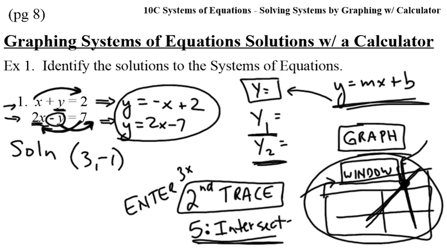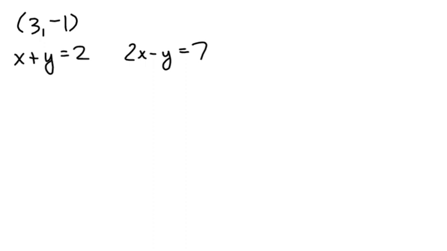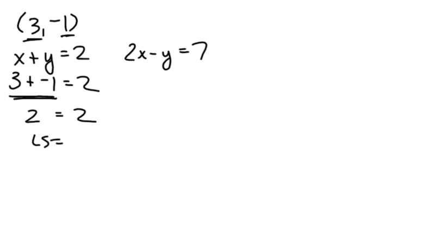How do we know that's correct? Well, what can we always do? We're saying that 3, -1 is our solution for the original system, x plus y equals 2 and 2x minus y equals 7. What does that mean? I should be able to plug in my x and my y and get my left side to equal my right side.